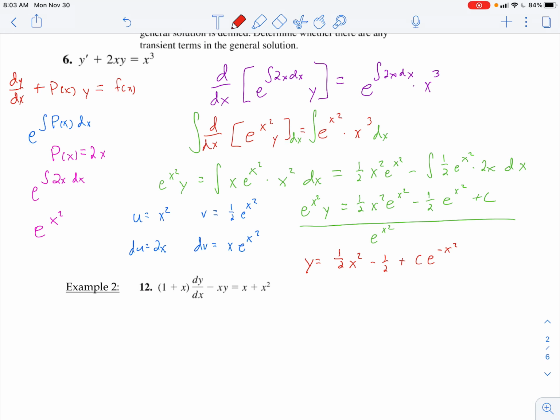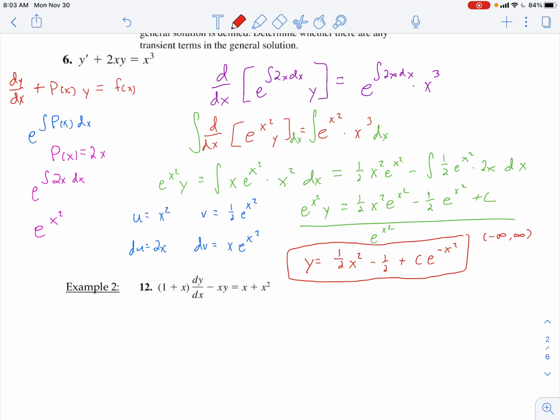Now, I solved the differential equation. It's here. All right, are there any values from start to finish where x could not be? No. So the interval is going to be from negative infinity to positive infinity.